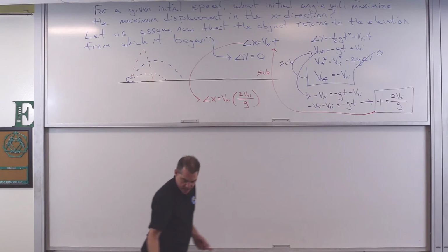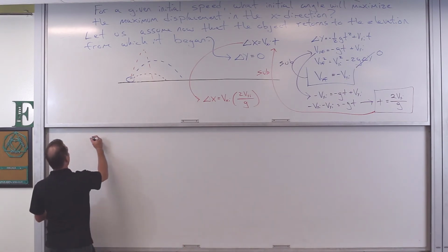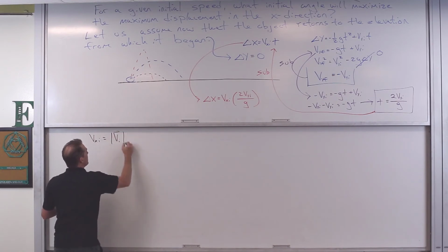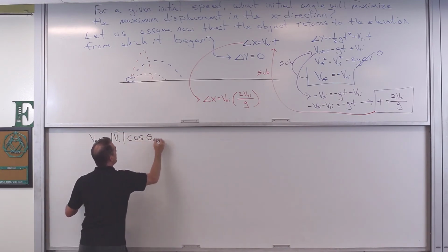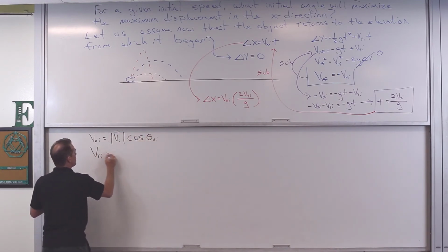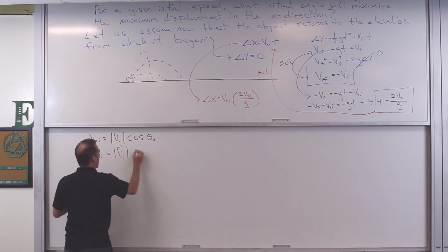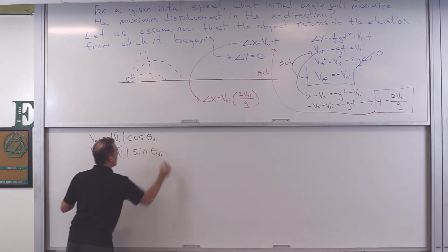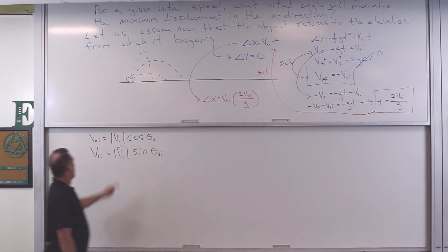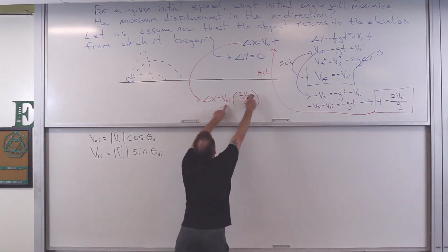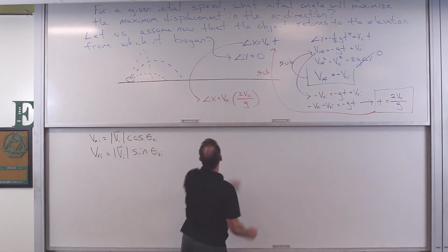So we know that Vx initial is equal to the magnitude of V initial times the cosine of theta V initial, and Vy initial is equal to the magnitude of V initial times the sine of theta V initial. So what can we do with that? We can put that in for Vx initial and Vy initial.